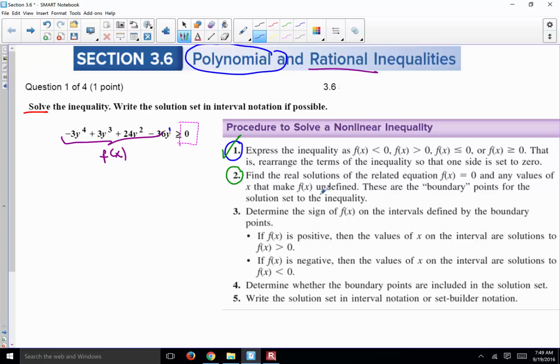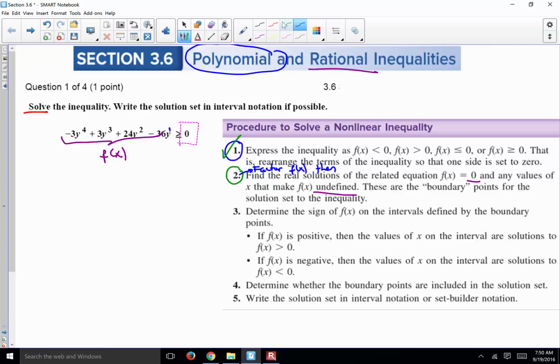And they say decide what values make f of x undefined and what values make f of x 0. But to be able to achieve this, you need to first factor. So I will insert here: factor f of x, then do whatever it says next. There is a secret step we need to involve here. We need to first factor f of x.